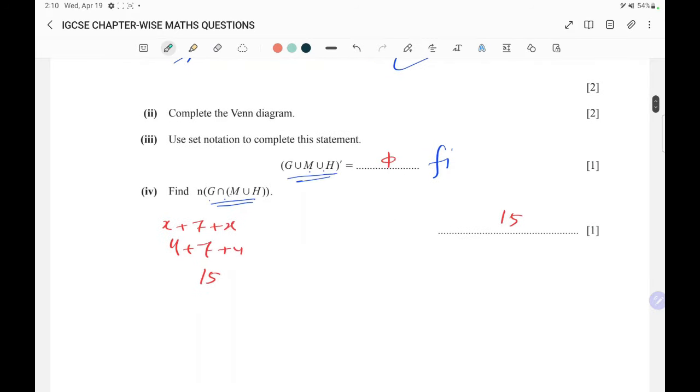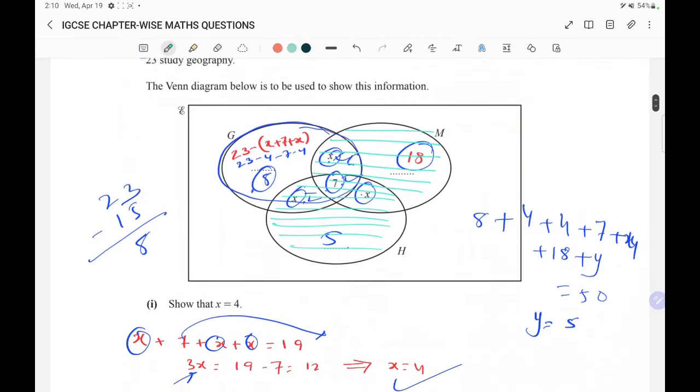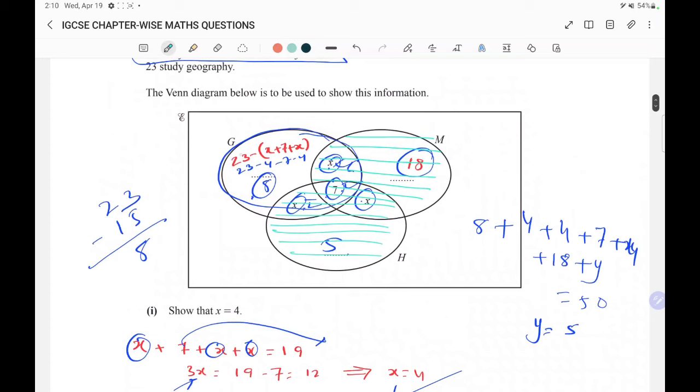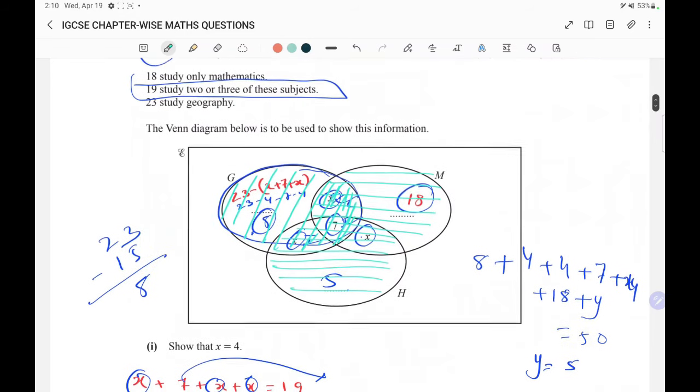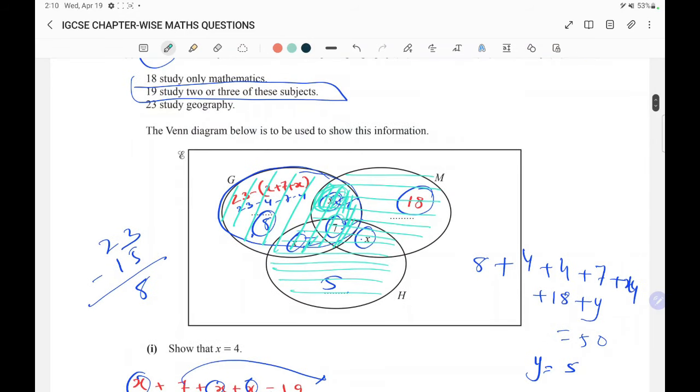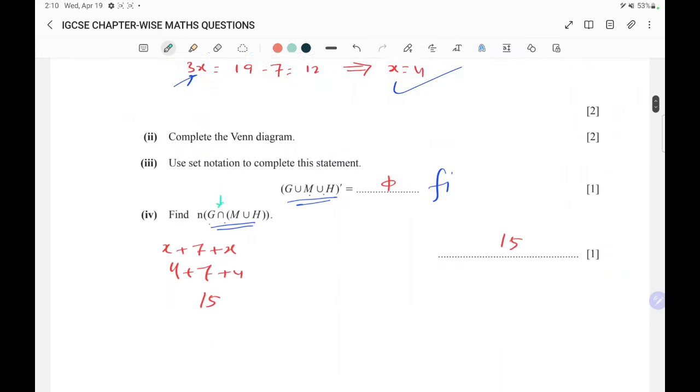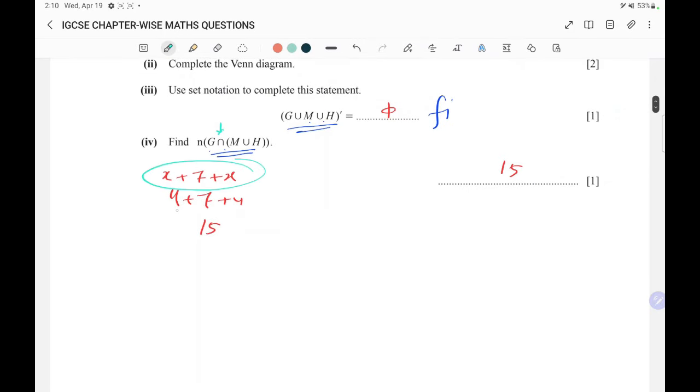And then G. Where is G? G is this. So now what's the common? Common is, here it was x, here it was 7, here it was x. So x plus 7 plus x. x was 4, so 4 plus 7 plus 4, that's 15.